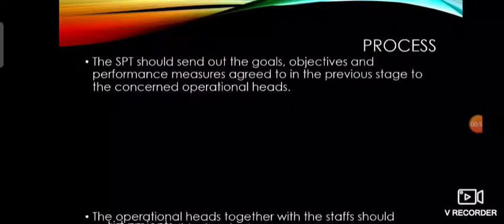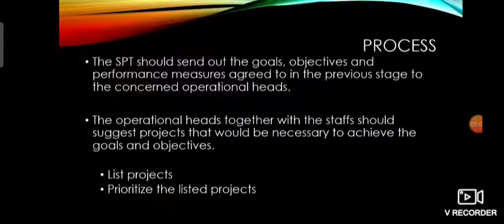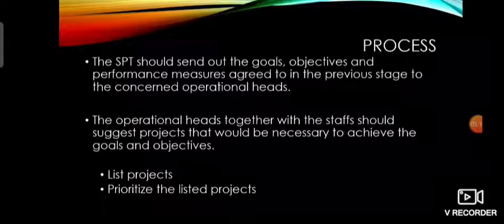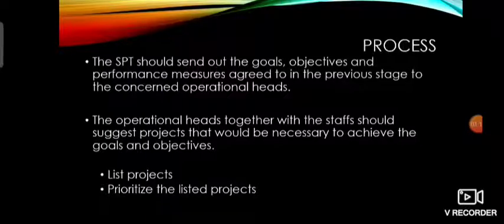Okay. Now, the operational heads, together with the staff, should suggest projects that would be necessary to achieve the goals and objectives. So here they can have meetings on what could be the projects that they could do. Right? Now, this is also the time of listing projects. A brainstorming process could be followed to list out all projects that can be undertaken to achieve the goal and its objectives.